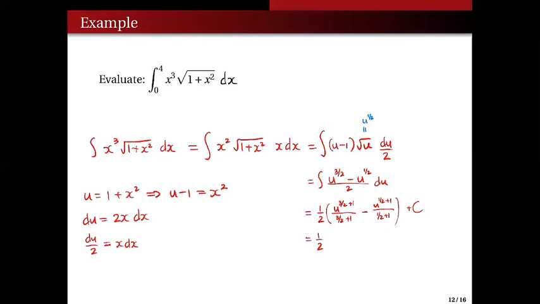So I will have here 1/2 times quantity 1 plus x squared raised to 5/2 divided by 5/2, minus 1 plus x squared raised to 3/2 divided by 3/2, and then plus the arbitrary constant c.